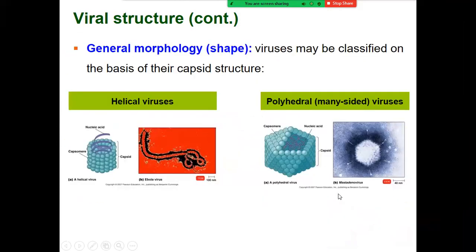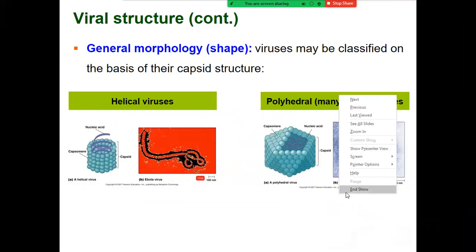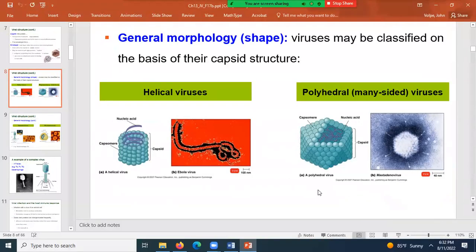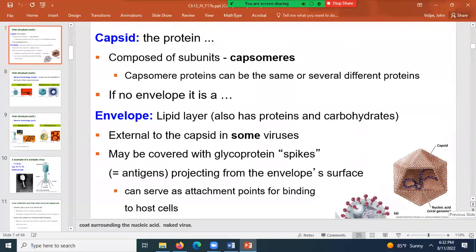I just had a question about the PowerPoint. It says "if no envelope, it is" and I was curious what that was. On slide 7 under capsid, the last little bullet point said "if no envelope."